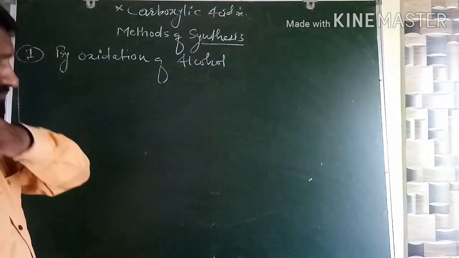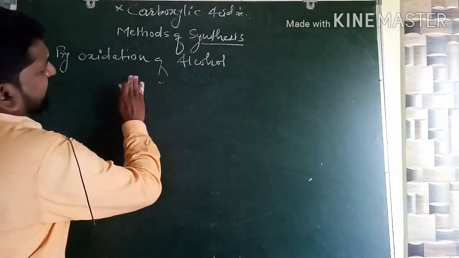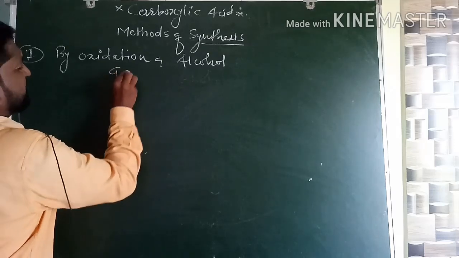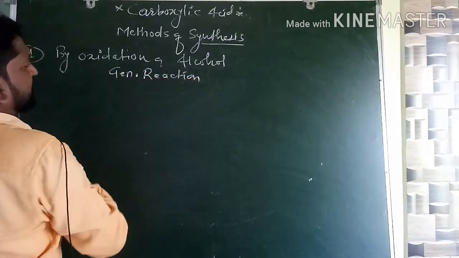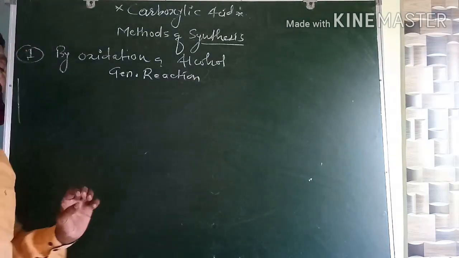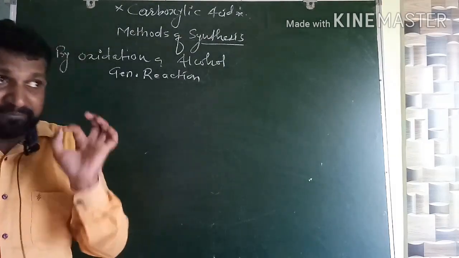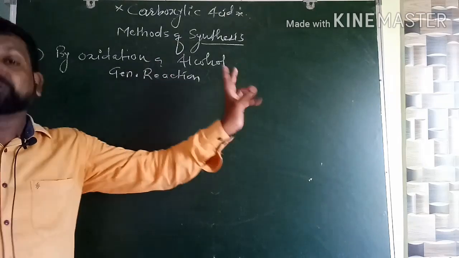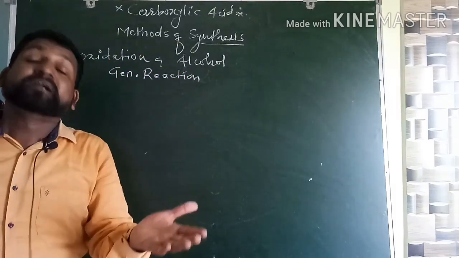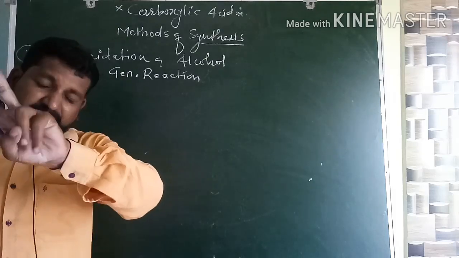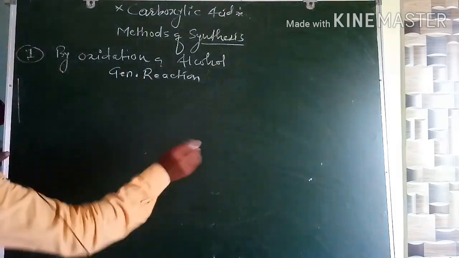Now, what is the general reaction? So listen here everybody, how will you prepare carboxylic acid from alcohol? It is not a single step reaction, it is a two step reaction. Okay, see here what happened.